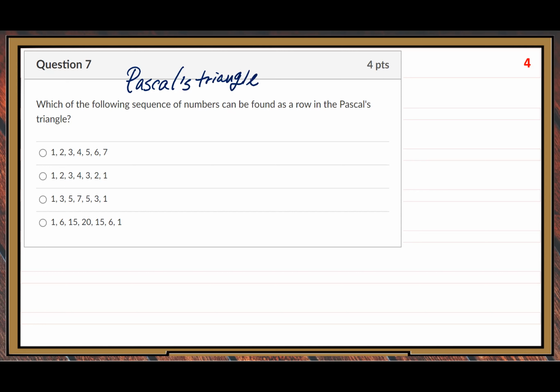If you are not familiar with this concept, you can search the web and find examples, so you can easily get the answer. But through this chance, I hope you get yourself familiar with Pascal's triangle.